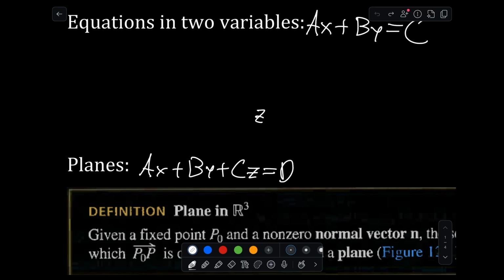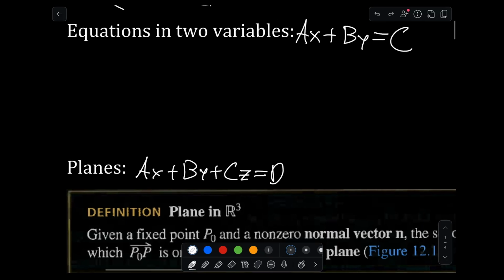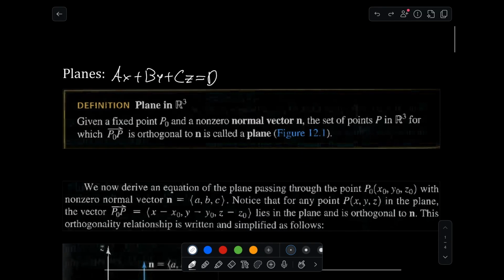But in Calculus 3, z, like x and y, are going to vary, which allows the creation and graphing of these planes, right? And we have a more technical definition of what a plane is. You're given a fixed point, P naught, and a non-zero normal vector.